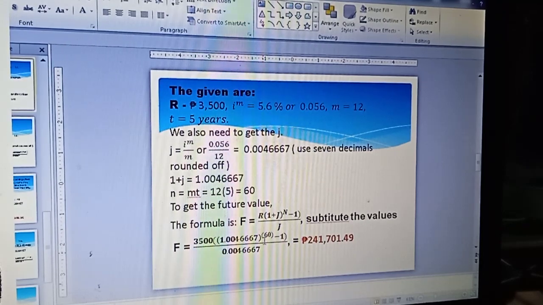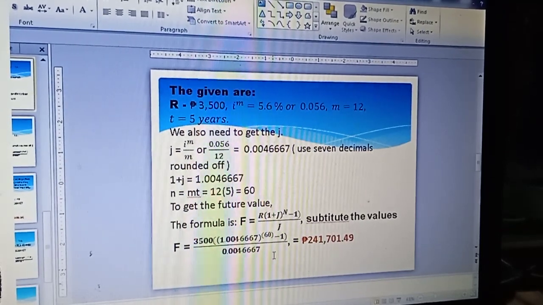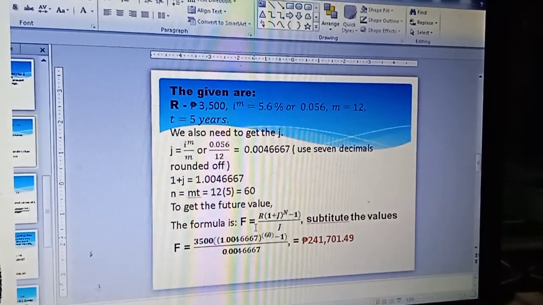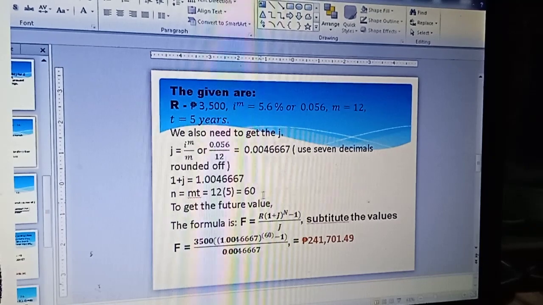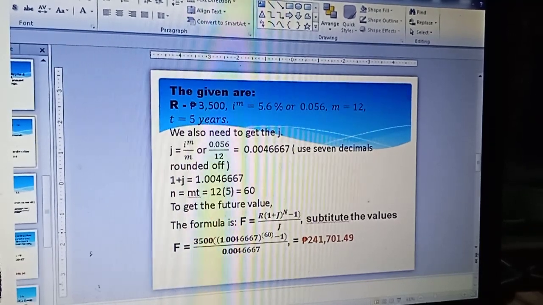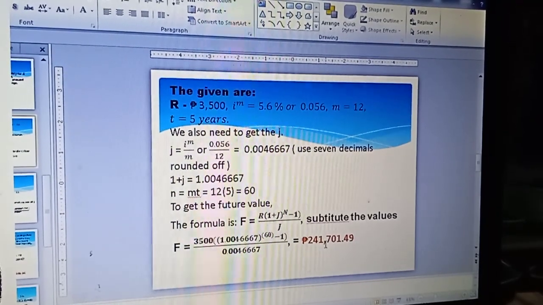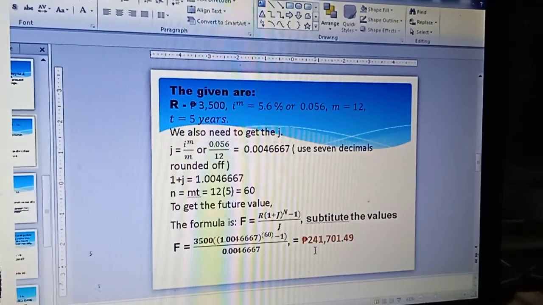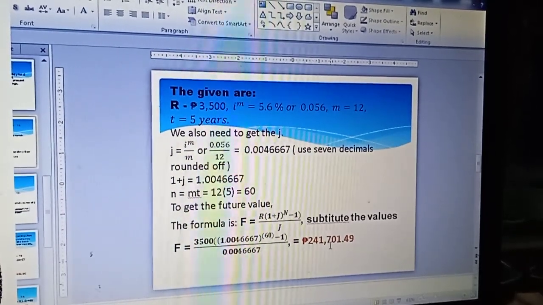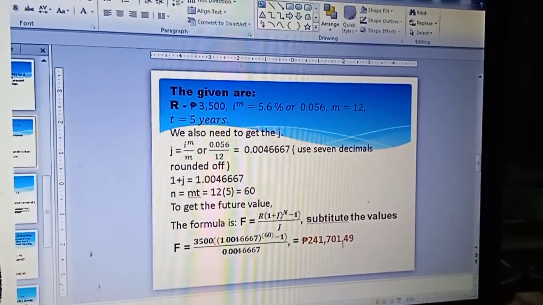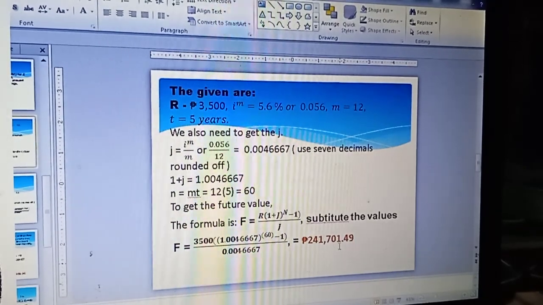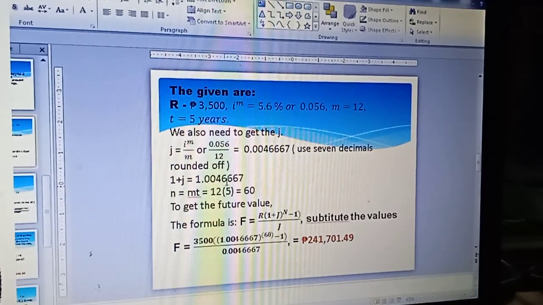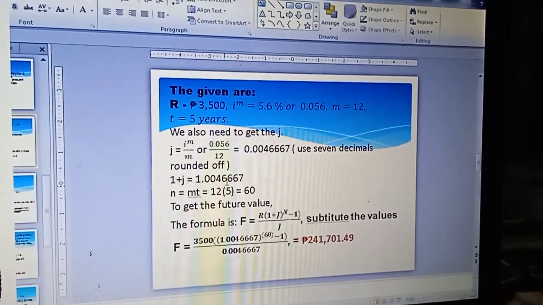Using the calculator, the future value F is equal to 241,701.49 pesos. That is the future value.